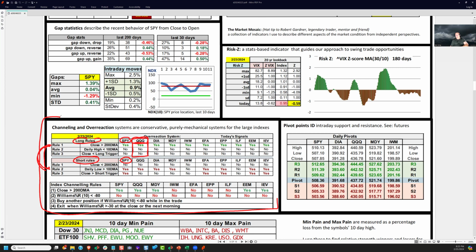Now, the reason I have this right in the middle of page 1, and I look at it every day, is because both the channeling and the overreaction systems, which are conservative, purely mechanical systems for the larger indexes, are anywhere from 70 to 85% favorable every year.